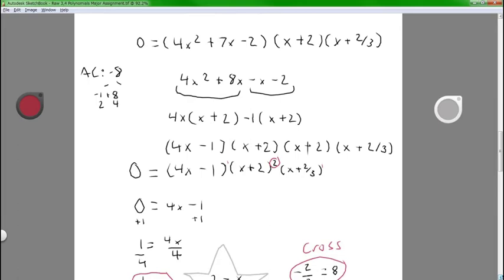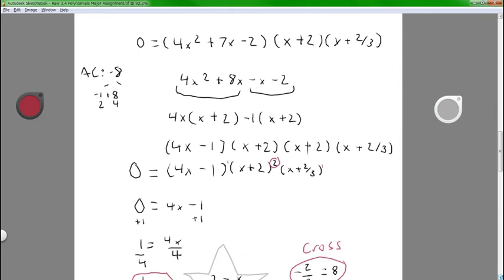That left me with x plus 2, and then I just wrote down x plus 2 and figured out what I'd have to multiply x plus 2 with to be able to get negative x minus 2, and it would just be a negative 1. So now I have all the factors that I need, and lo and behold, you have double roots.